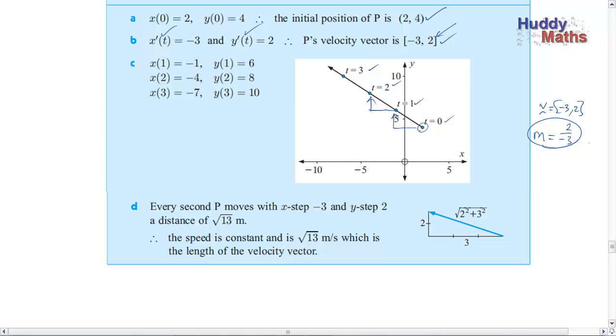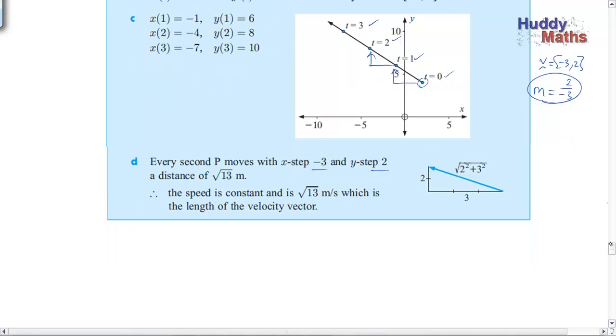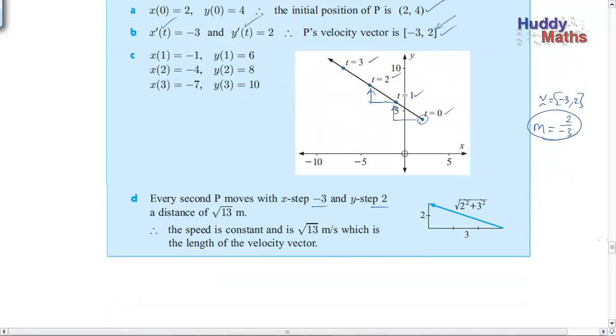All right, let's have a look. Here we are, x step is -3, y step is 2. And what we were going to find was, hang on, I just didn't read that question, did I? So let's come back up here a bit. Comment on the speed of p. Okay, so the speed, 3 in this direction, 2, so the size of that velocity vector, remember the size of the vector -3, 2 is the square root of the x component squared plus the y component squared.